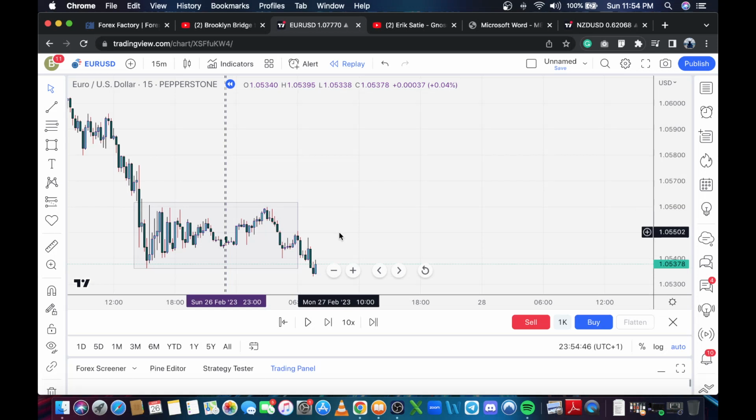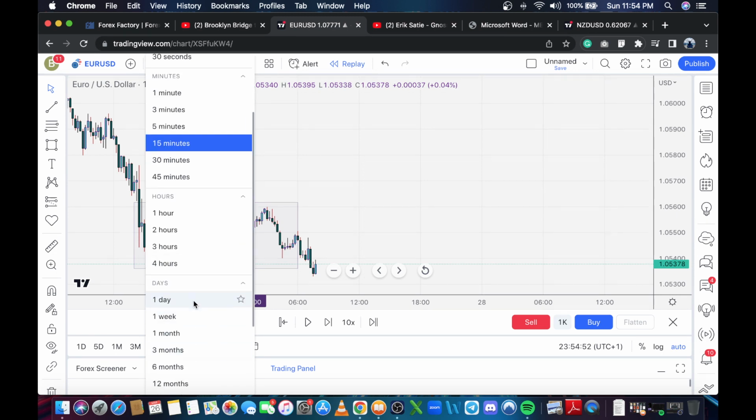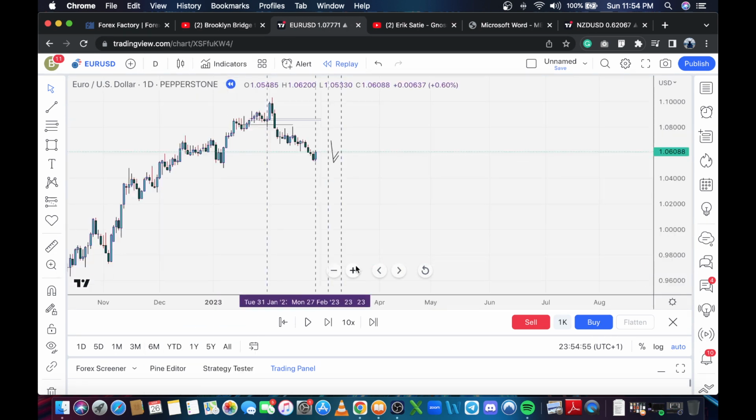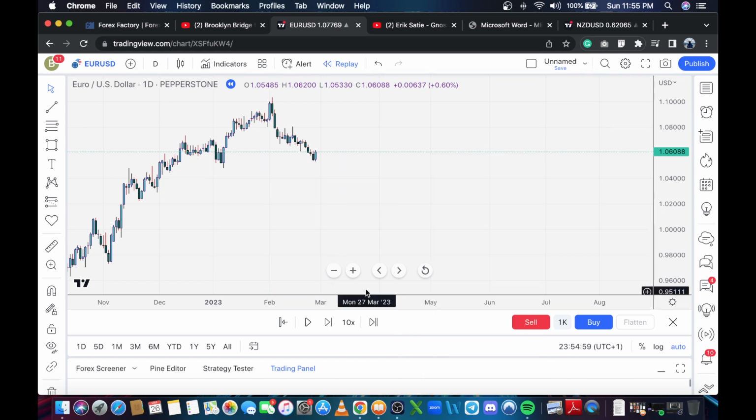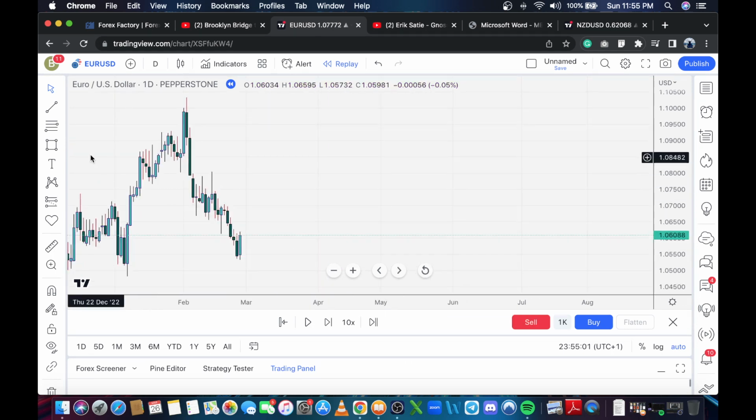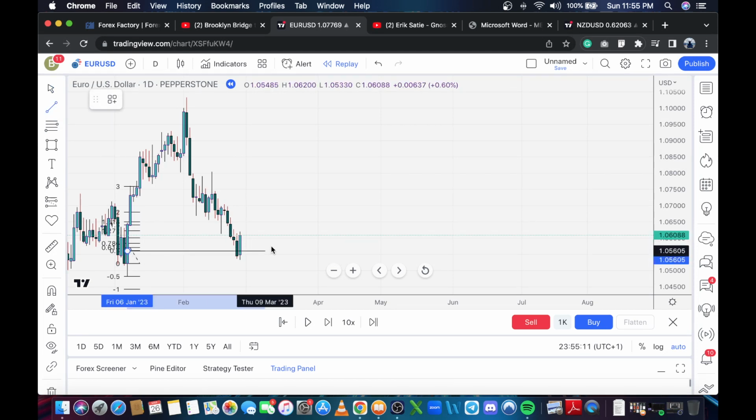Now, I can go in and show you how we had divergence against dollar, and how at the time this was happening, let me get rid of all of this price action. At the time that was happening, we're trading inside a bullish order block. That is a bullish order block there.